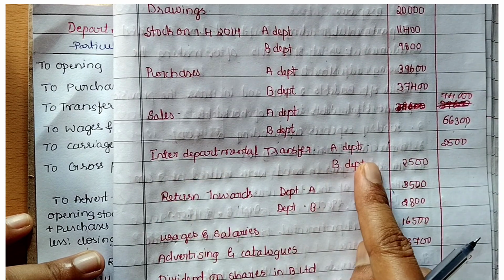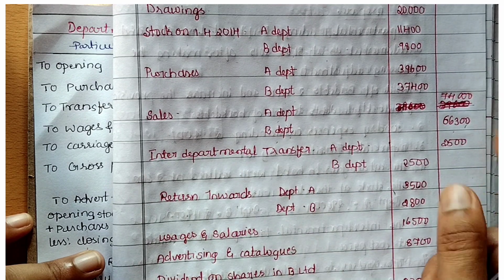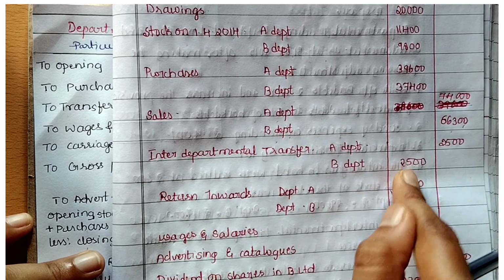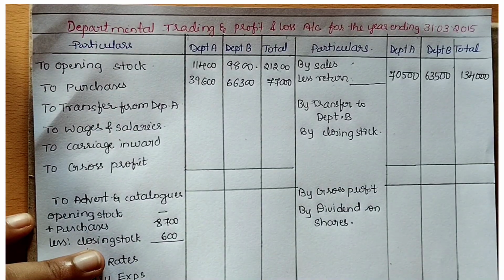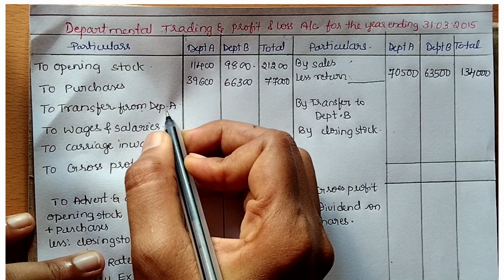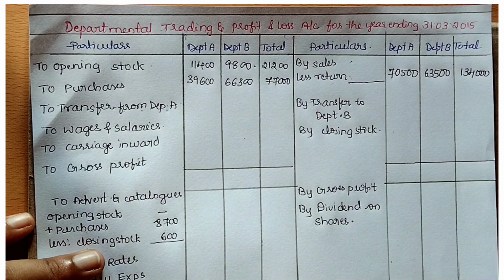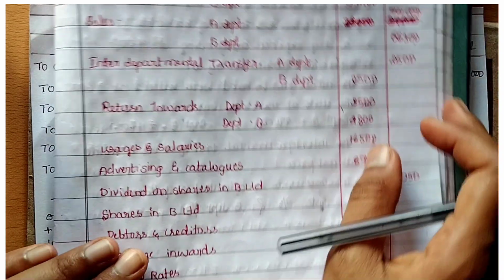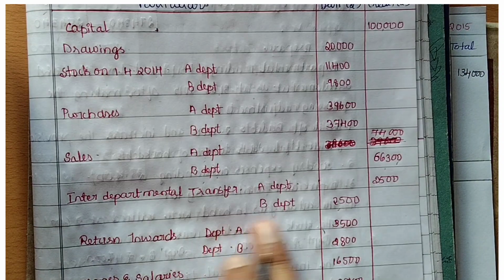The transfer is from A department to B department, B is the receiver. So here in the debit side, B should get the amount. To understand whether the transfer is from A or B, you have to see the column. In which column they have put the amount. Here, in the debit side, they have given for department B.